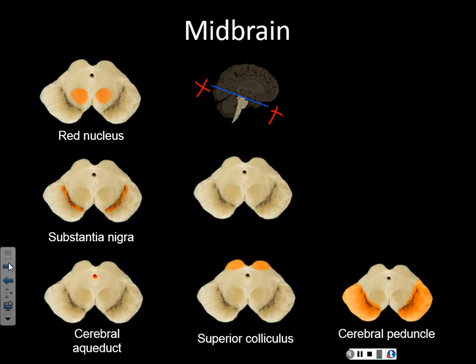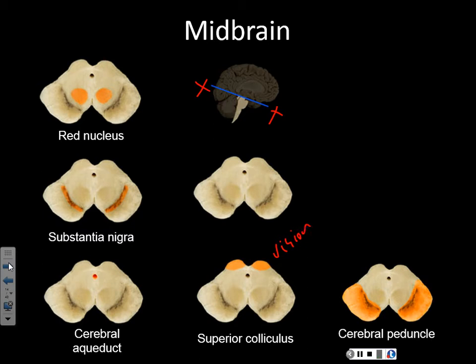Substantia nigra, black substance. And then, of course, the cerebral aqueduct is that mid piece where you have this cerebrospinal fluid, and it connects to the fourth ventricle. And we'll talk about it in NB2. The first lab will cut through the brain, and we'll see all the structures. All right, and then of course the superior colliculus that deals with vision.